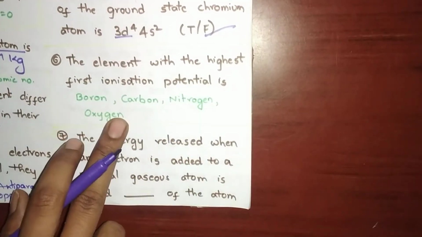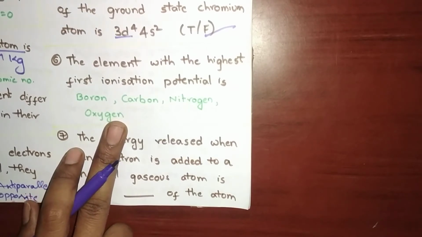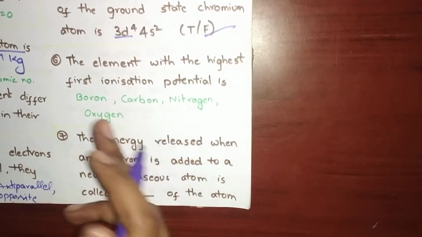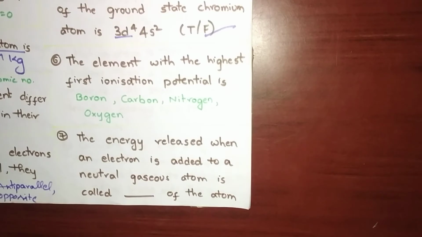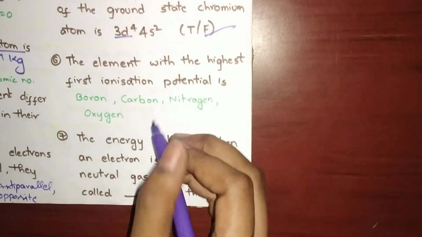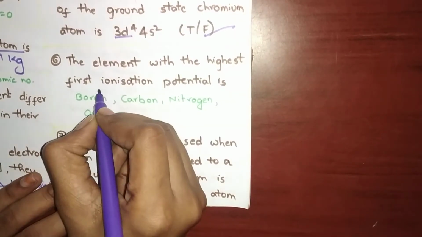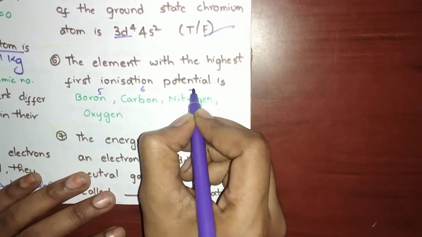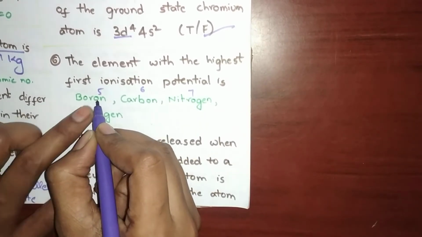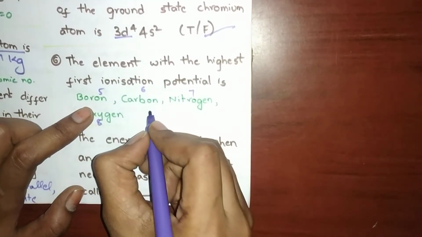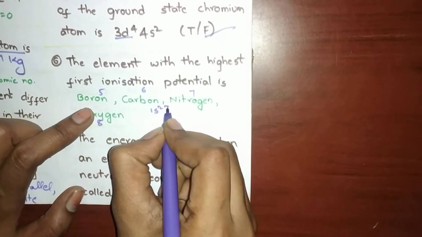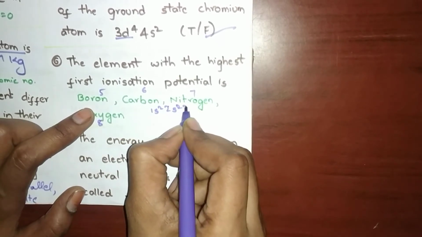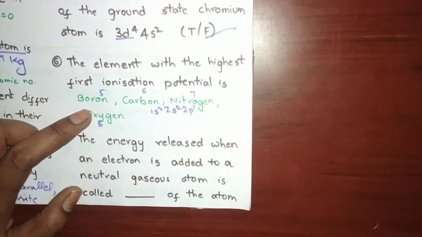The element with the highest first ionization potential: boron, carbon, nitrogen and oxygen. See, when you look at it, boron is 5, 6, 7, 8. Boron configuration is 1s2, 2s2, 2p1.